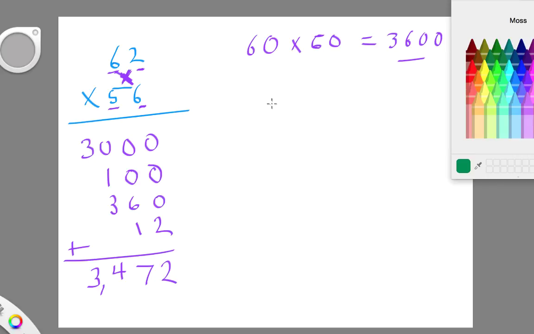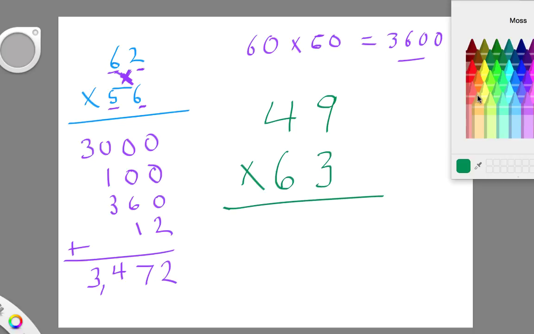If we look at another one, I'm not going to actually do this. 49 times 63. If you are feeling very comfortable, you can turn off this video. If you're not, you can come back and watch this. All right, so the first step is multiply these two. And I'm just kind of drawing a little diagram. Second step is multiply these two.